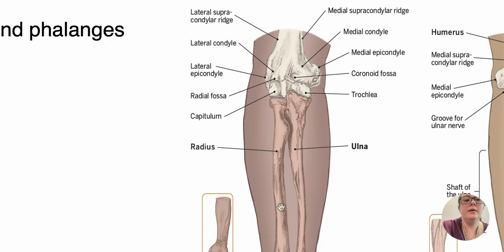So here you have that medial epicondyle, this lumpy section here, and then your lateral, kind of like I showed on the other one. You have your epicondyle, and your condyle. Your condyle is going to be kind of above it. But for us, make sure you know where the lateral and the medial epicondyle are.